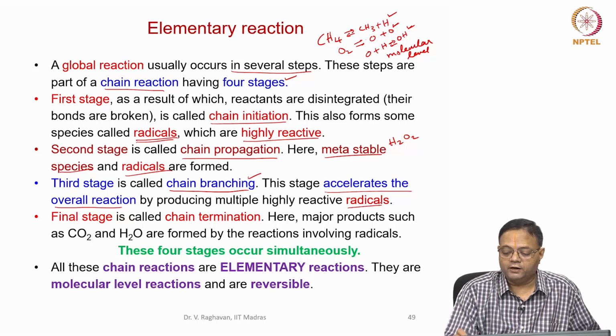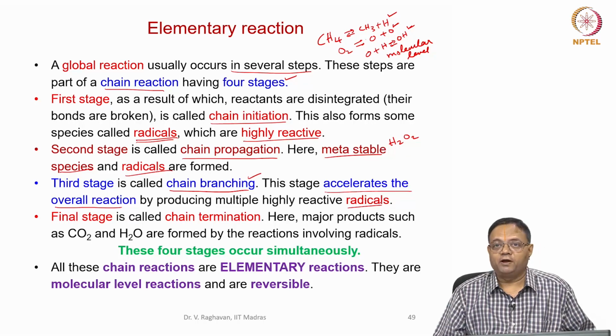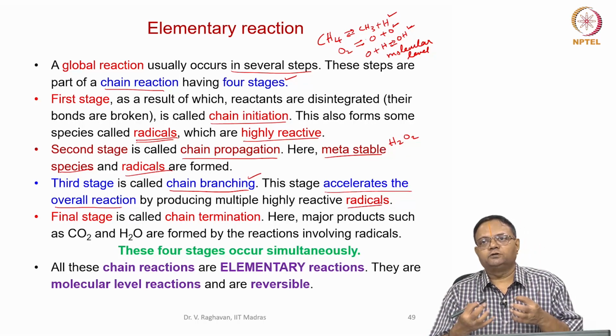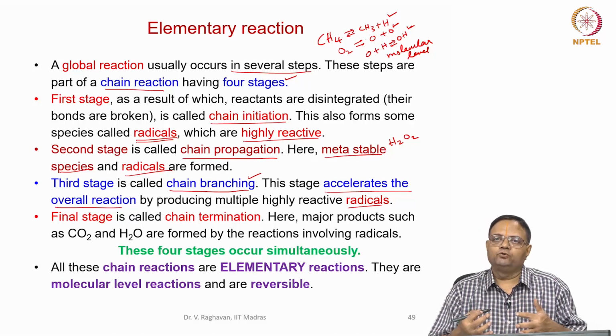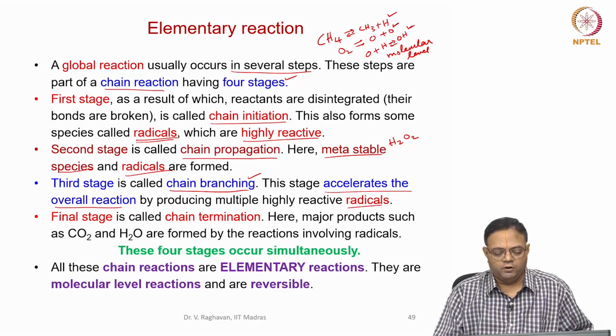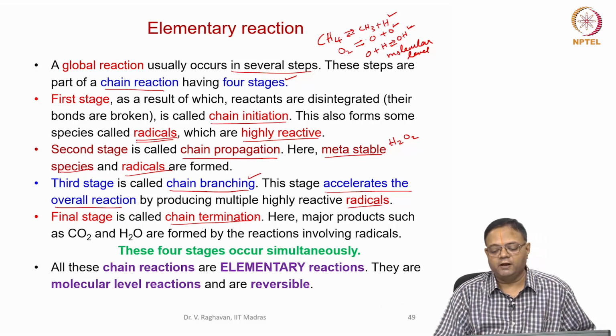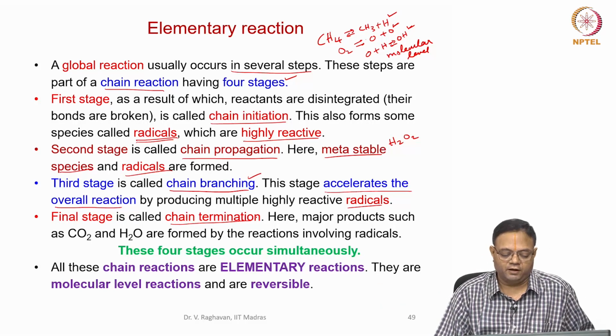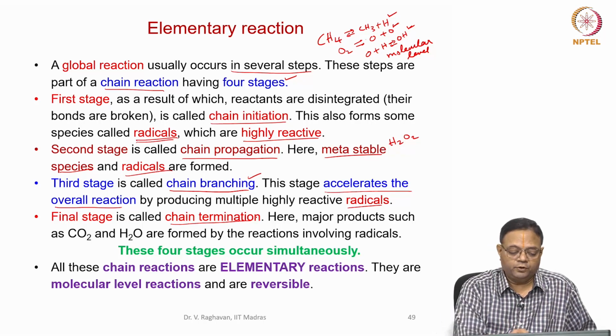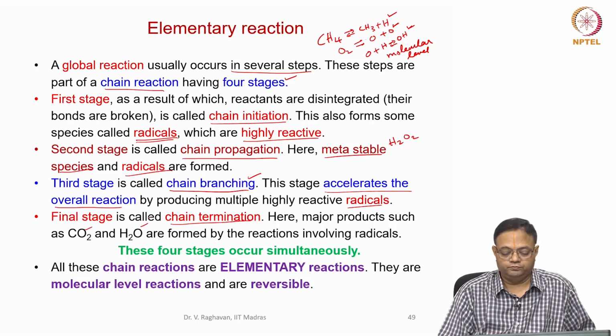Multiple radicals are formed. Finally, once the concentration of the reactants reduces and the final products are formed, a set of reactions called chain termination reactions will occur. That is the final fourth stage. Here the final products are formed.